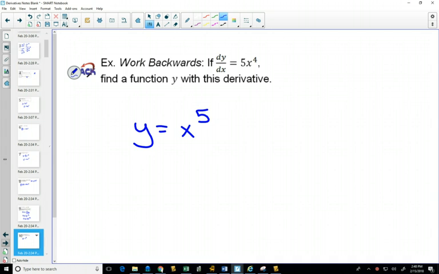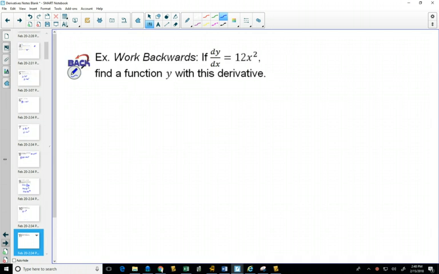But for now, this is one of the answers. Okay? Similarly, if you had to work backwards in this one, 4x to the 3. And you can always check by applying the derivative. And again, later we're going to find that another possible answer would be having a plus 7 here.